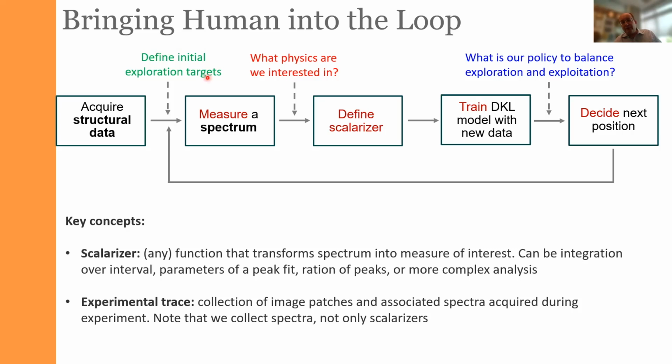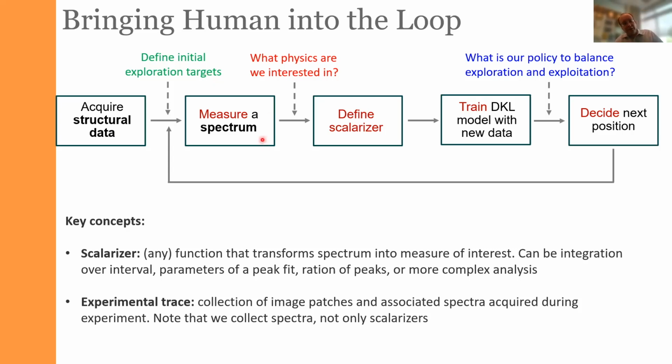Interestingly enough, we can also do it in a more systematic manner. For example, if you see something on the screen, you can actually indicate that these are either initial exploration targets, or exploration targets that you injected into the automated experiment process.